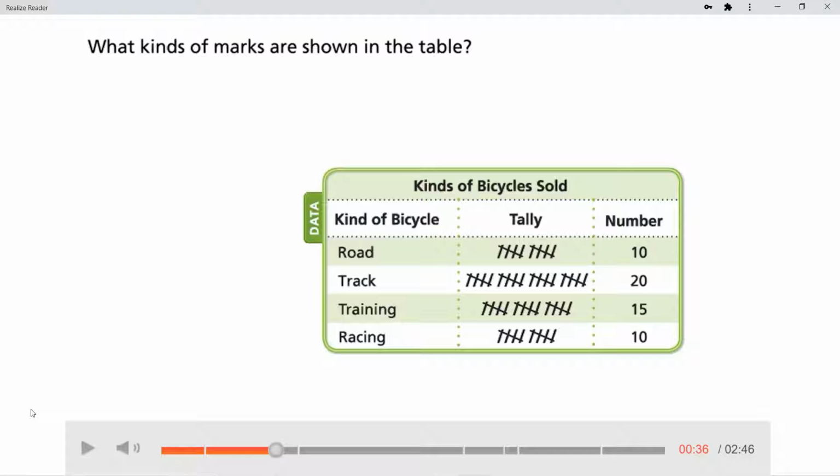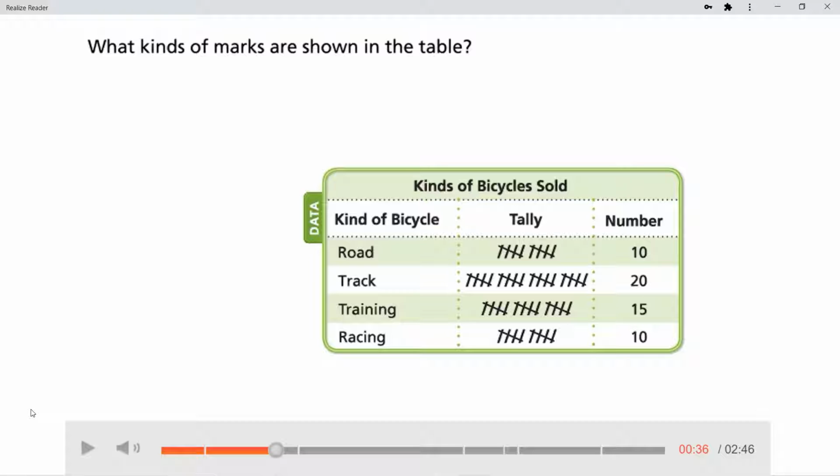So that's where the term frequency table comes from. It's telling you how often something is being chosen, that particular choice that you have listed in your survey. So when you're asking people questions, do you prefer this or this or this or the other thing? How often each one of those things is picked is the frequency.